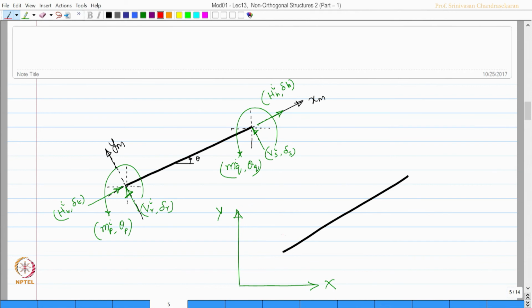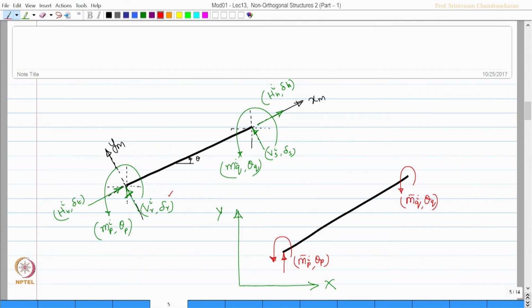Okay. Let us mark all of them back again here. So, this is going to be m p bar theta p, okay. I am using bar of the ith member, and this is going to be m q bar with theta q of the ith member. And now, this reaction along y will be parallel to y.